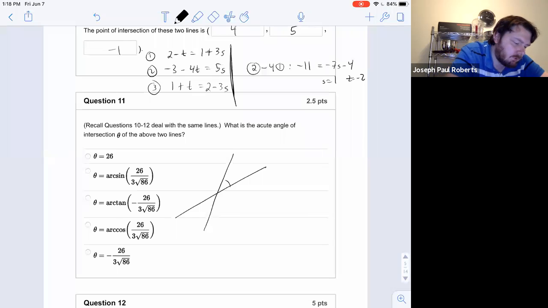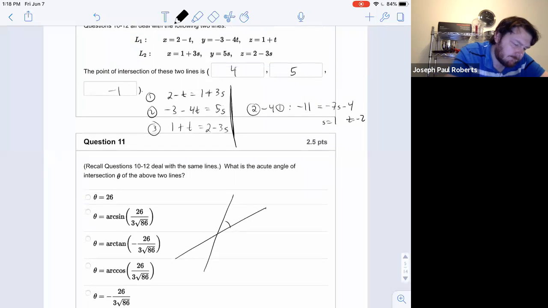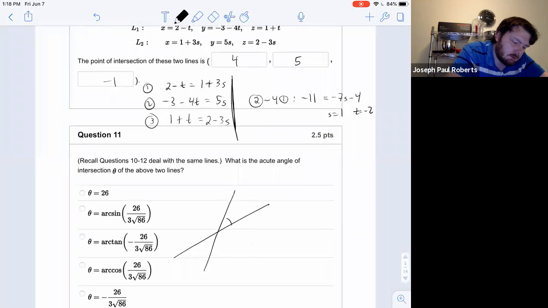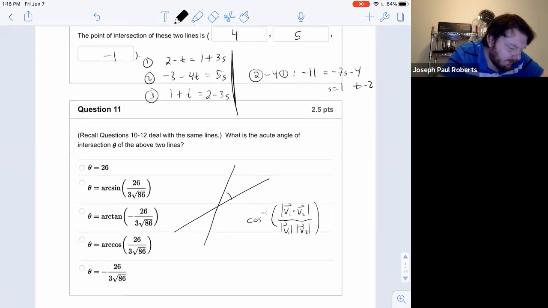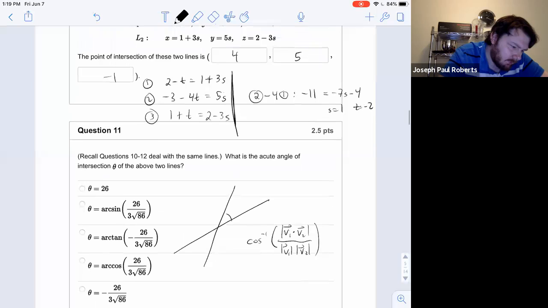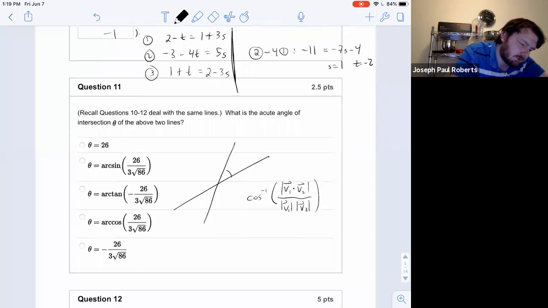So actually we're going to do inverse cosine of the absolute value of the two directions. V1 and V2, we'll call those the directions of the lines. And we want an acute angle, so we need to take inverse cosine of a positive number. We didn't even have the negative as a choice here, so that's not super important. But either way, we do this calculation.